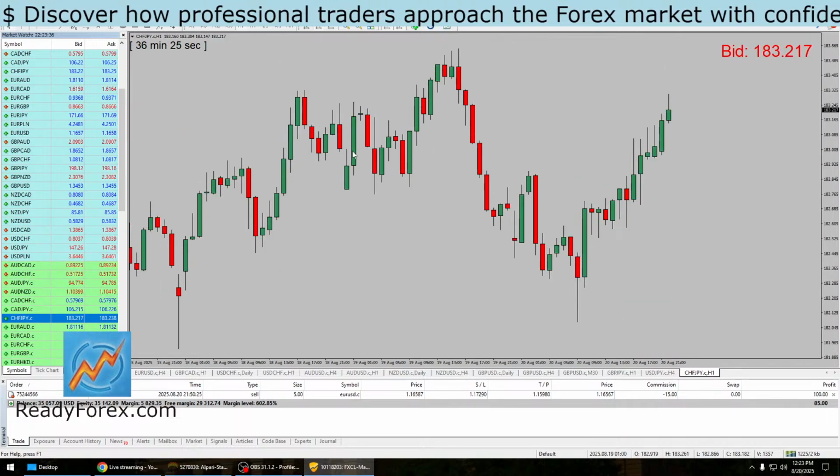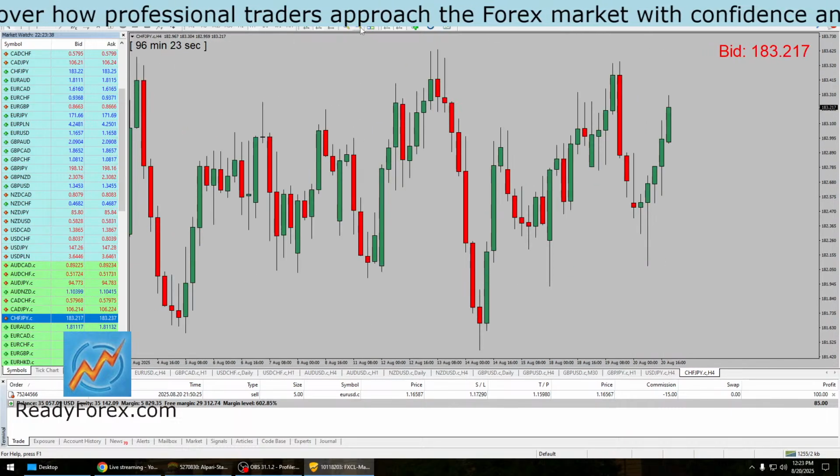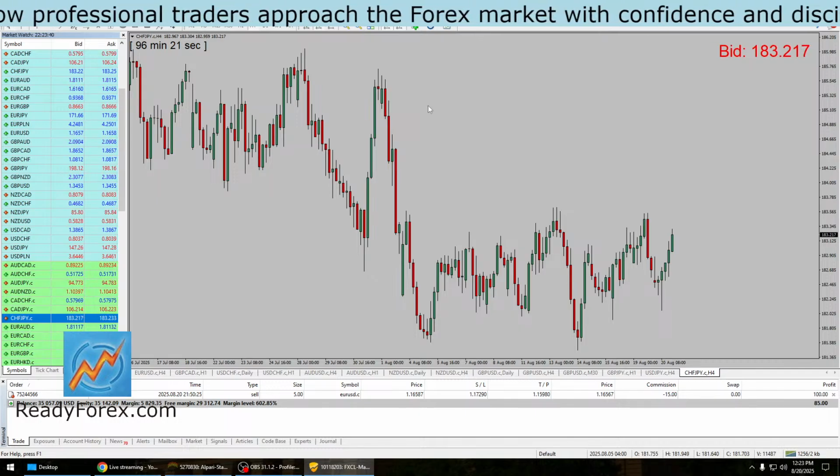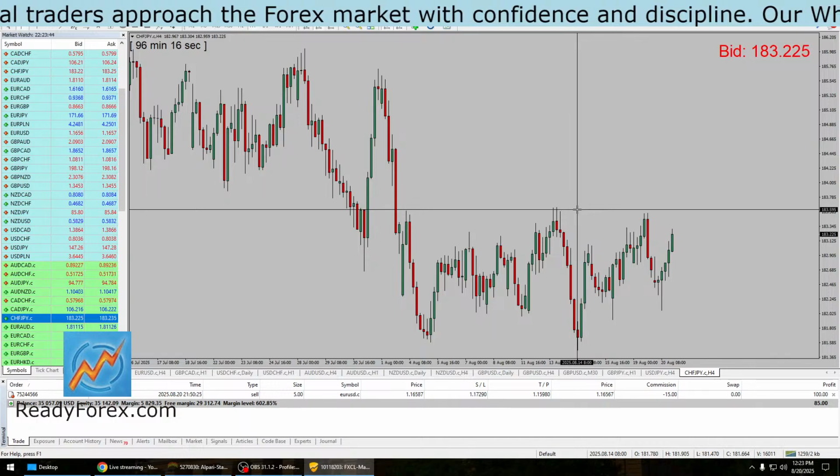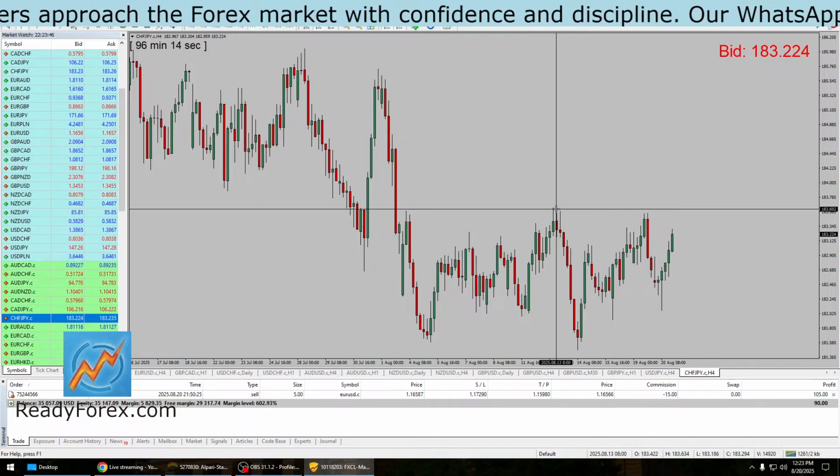This is the one. This looks to me like we've got a potential triangle pattern over here.